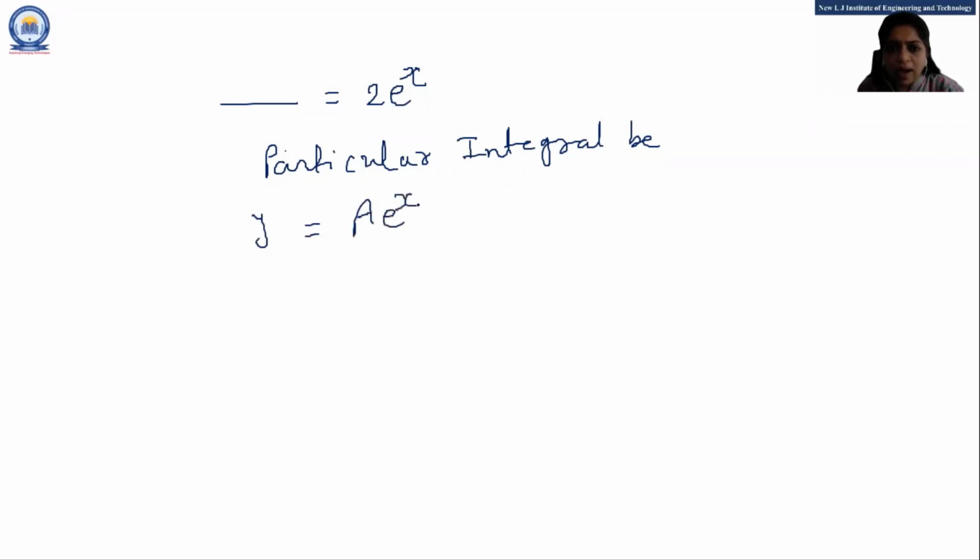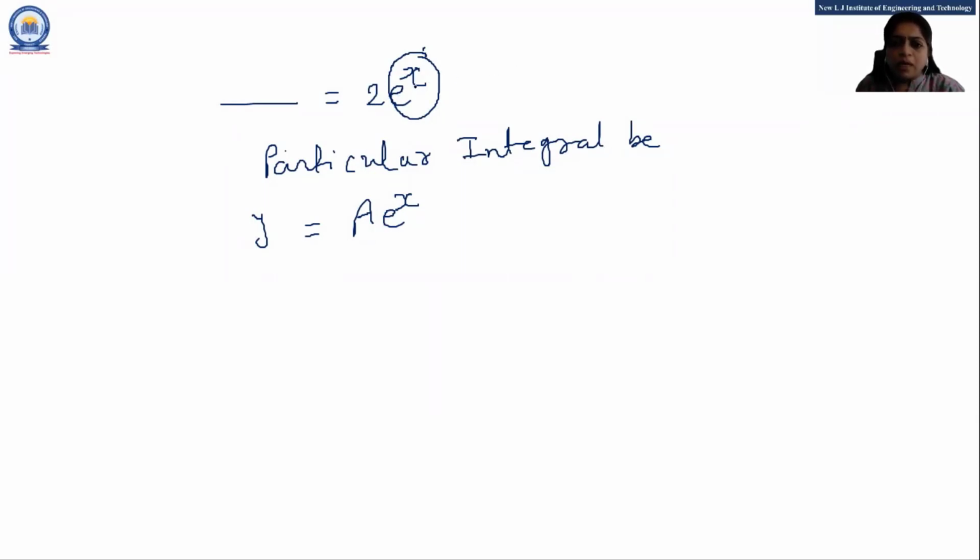Why? See, the derivative of e raised to x is what? First we have to generate the family of our right hand side. We have to neglect the constant multiple, right? Here the multiple of e raised to x is 2. So we neglect this 2.